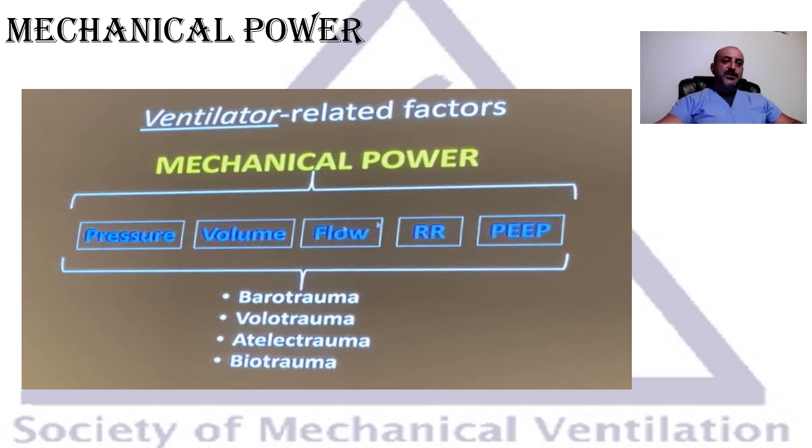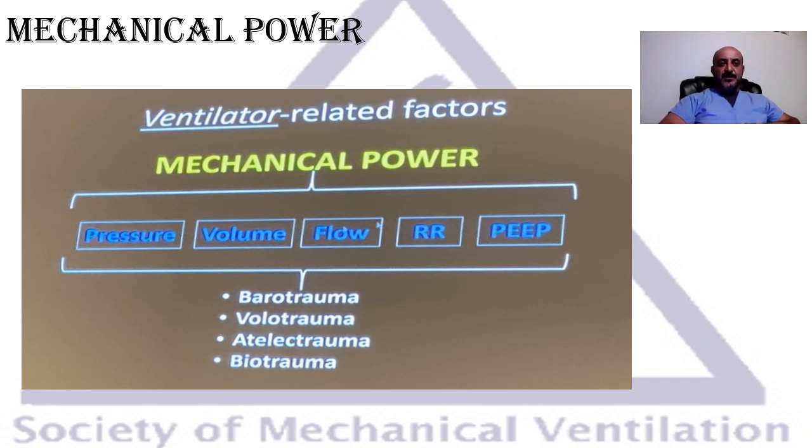So for years and years, we knew that the pressure and the volume contribute to ventilator-induced lung injury, and there was always the debate of which one is more injurious to the lung. But we really never thought much about the flow or the respiratory rate or even the PEEP, although we know that the PEEP with the atelectotrauma can contribute.